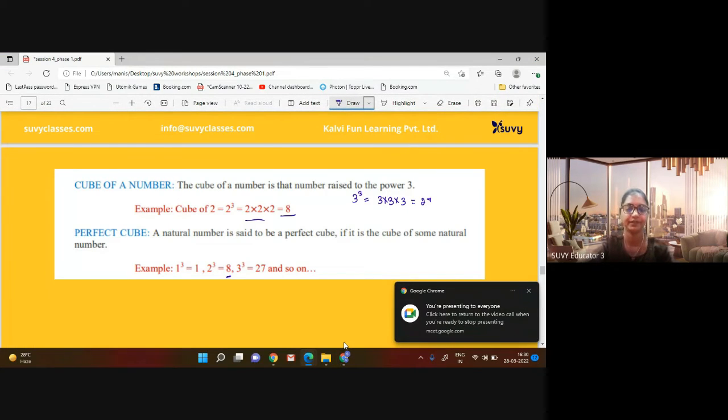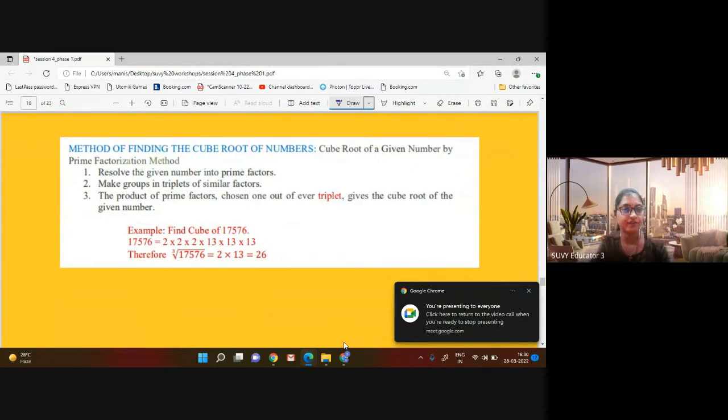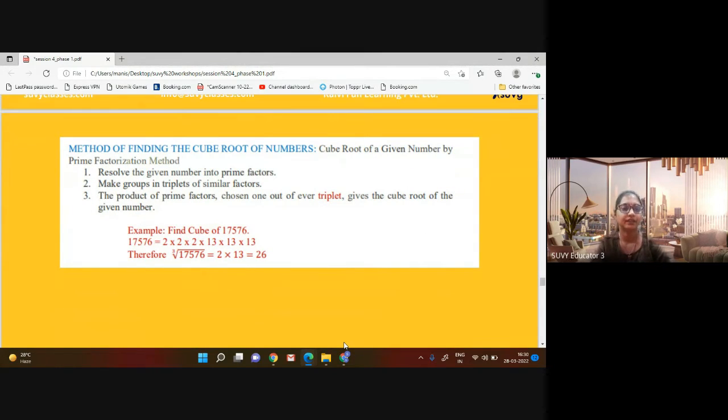Okay, great. So let's get started with the first. So very first method of finding the cube roots of number. When you're talking about square root of a number, it means you are taking the pairs from the common ones, right? So when you are talking about cube root of a number, it means you will make triplet of same number.